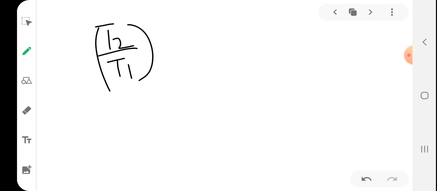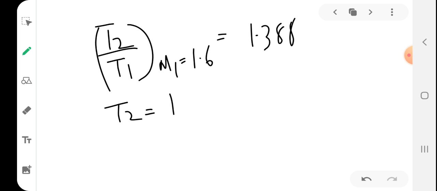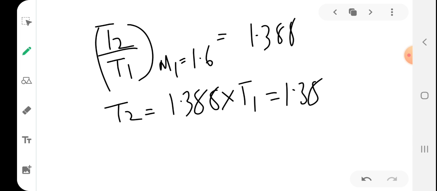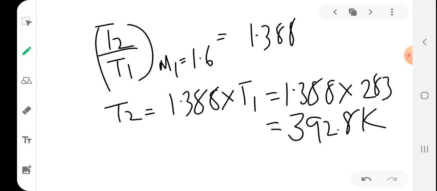But pressure is not asked, density is asked. In order to find density, we need to find T2 also. T2 by T1 corresponding to M1 equal to 1.6 is 1.388, so T2 is 1.388 into T1, which is 283 Kelvin, so you will get 392.8 Kelvin. T2 was asked, so T2 is found.